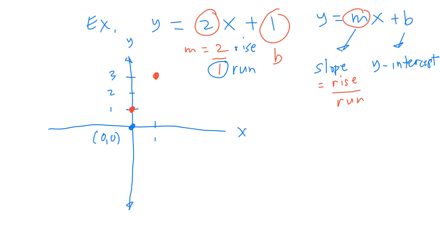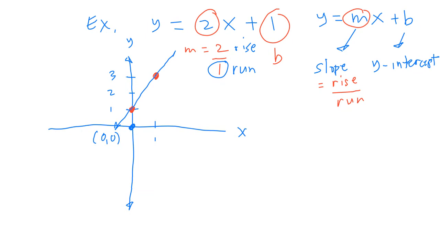Okay, so let me repeat that. 2 is my rise. So from the first point, I move up 2 units because it's positive. If that's negative, you have to go down 2 units. So go up 2 units, 1, 2, and then you move to the right 1 unit and mark the point. And then now you have the line by connecting the 2 points.